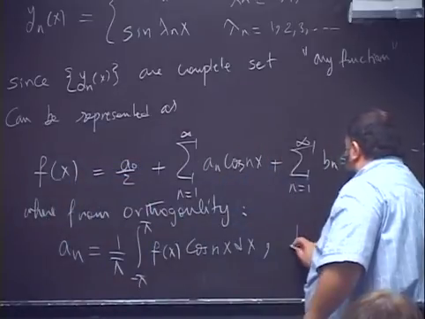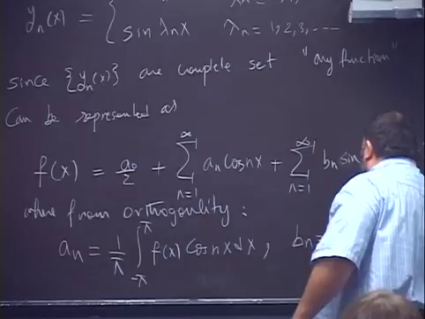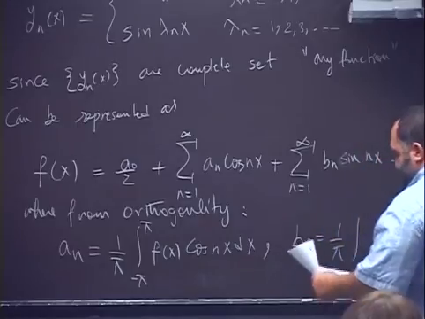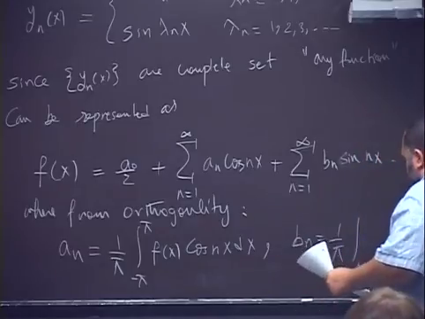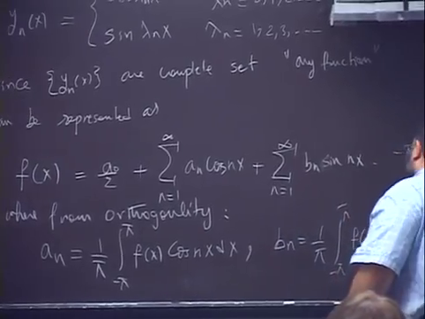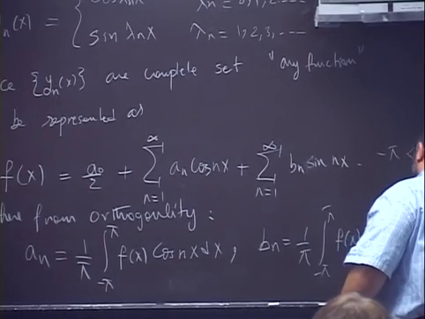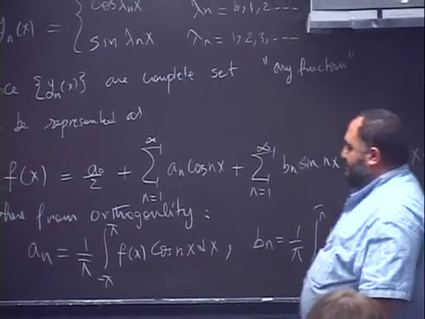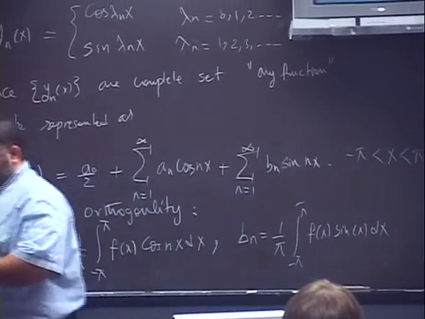And b_n will be similar: from negative pi to pi, f of x multiplied by sine nx, integrated over dx.